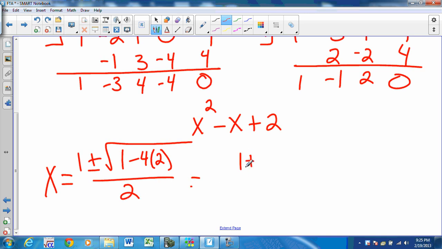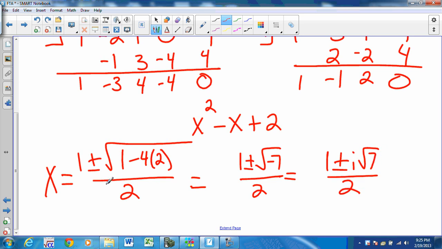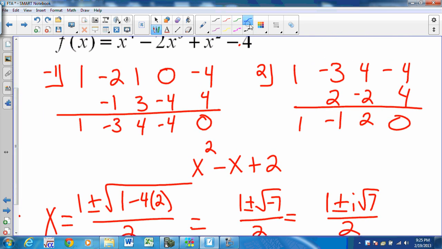This gives me 1 plus or minus square root of negative 7 all over 2. So I'll have 1 plus or minus i square root of 7 over 2. So what are my answers? What are my roots? I have negative 1, 2, and 1 plus or minus i square root of 7 over 2.